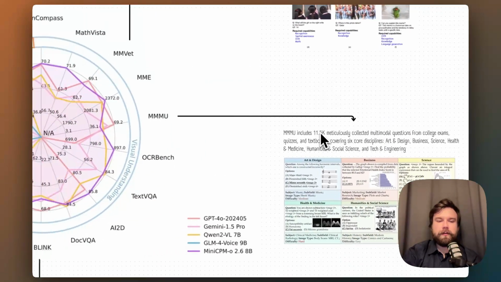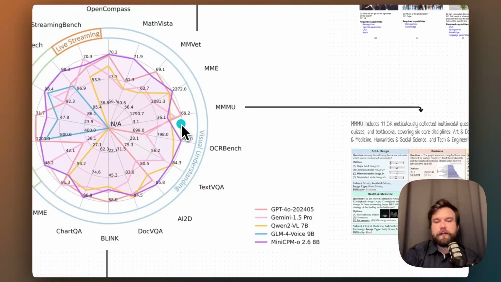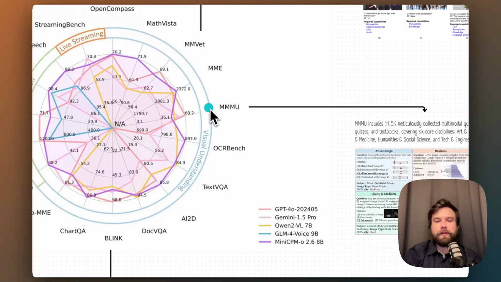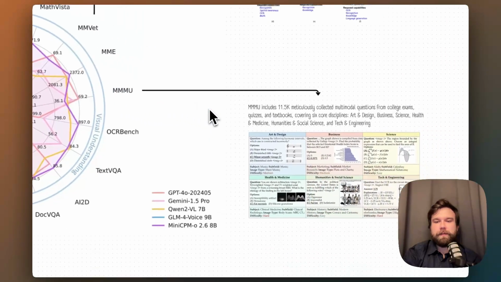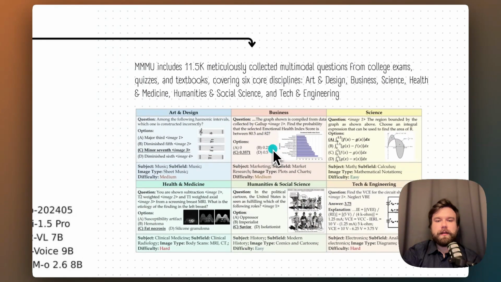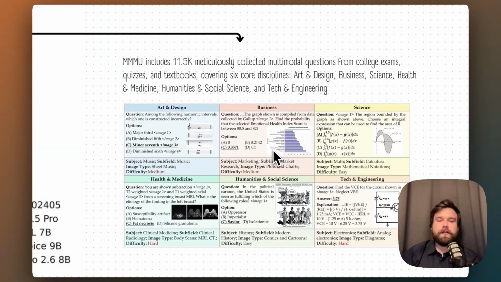And another example of a benchmark where this model has slightly lower results is this one. And this one is a collection of college exams from various disciplines, like art and design, business, science. So here also we have harder questions that are connected to some quizzes, and it is not enough for the model to do OCR and to recognize what is on the image, but it also has to solve some problem, right?